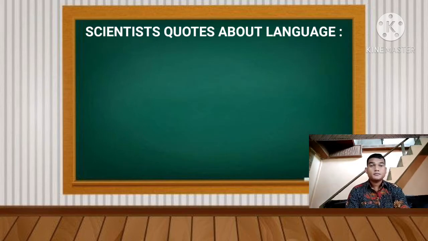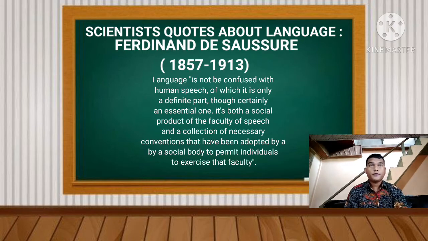Next, scientists' quotes about language. First, according to Ferdinand de Saussure, language is not to be confused with human speech, of which it is only a defined part, though certainly an essential one.